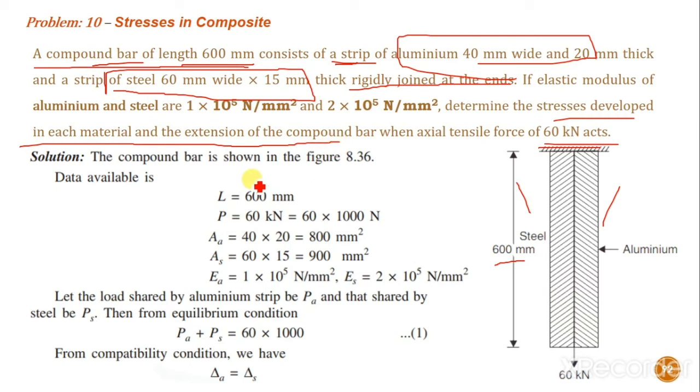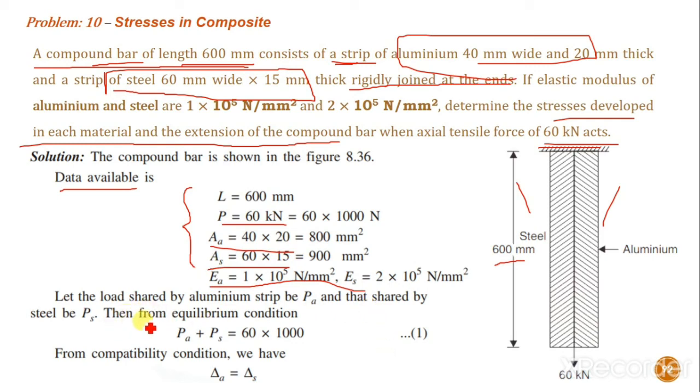So let's do the same thing, just make sure you understand this concept. This is the given data: length of the bar, load acting on the member, cross-sectional area of aluminium and steel strips, and Young's modulus. So take care that you substitute the proper Young's modulus. Don't just put the Young's modulus of aluminium in place of steel. Don't get confused in such a way.